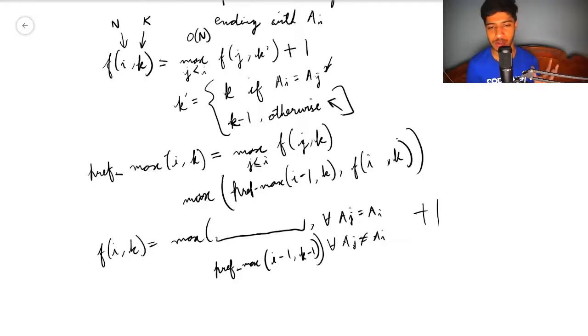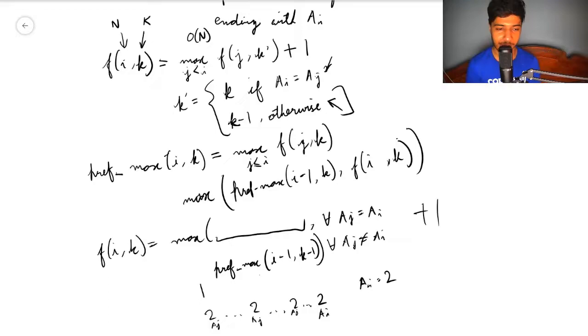This begs a question. Let's say our ai is equal to 2 and there are a few 2's before, and this is our ai. So this is one possible aj, this is one possible aj, and so on. Do we have to consider all of them? No, right?